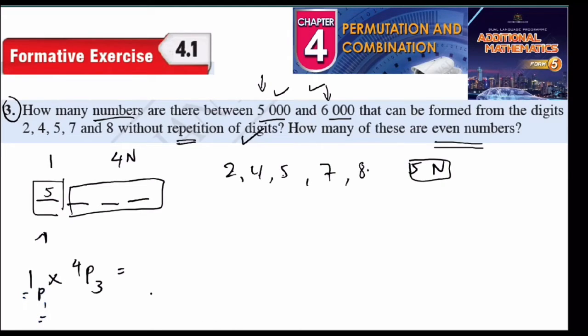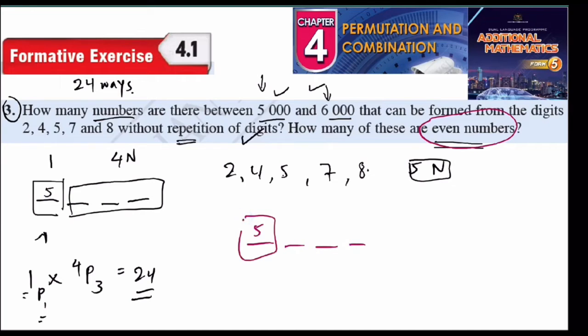So the answer is 1P1 times 4P3, which is 24 ways to form the number from digits 2, 4, 5, 7, 8 with the condition that the number lies between 5,000 and 6,000. Now, how many of these numbers are even numbers?